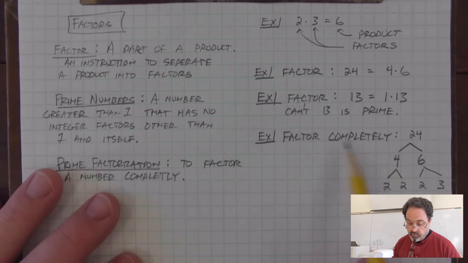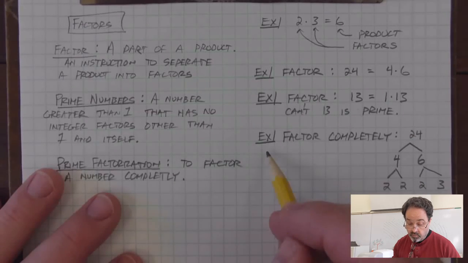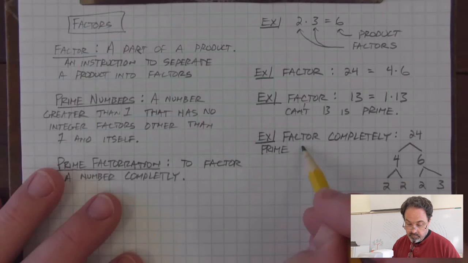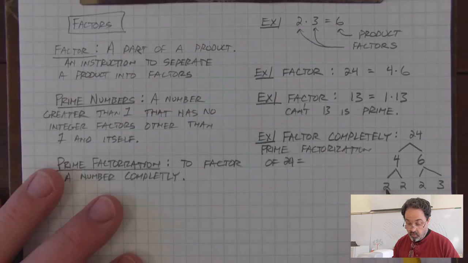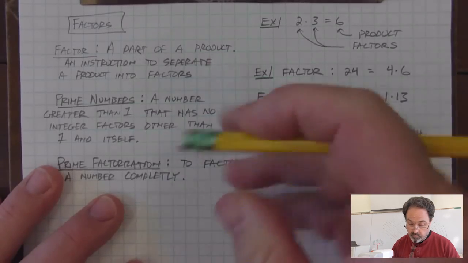So I have factored 24 completely, and the result is the prime factorization. The prime factorization of 24 is equal to the product of all of these factors. 2 times 2 times 2 times 3 will equal 24.